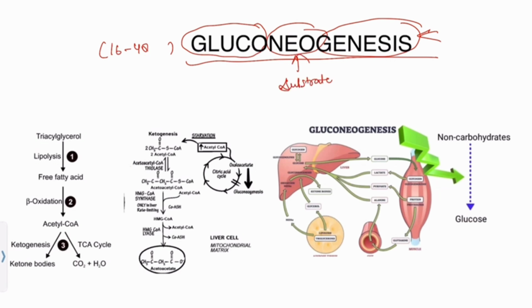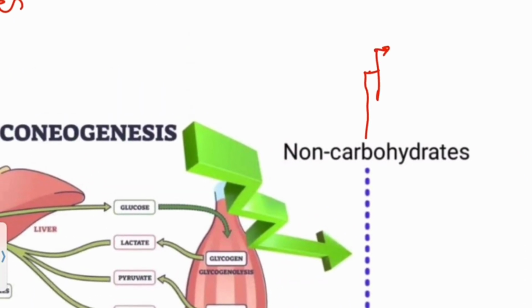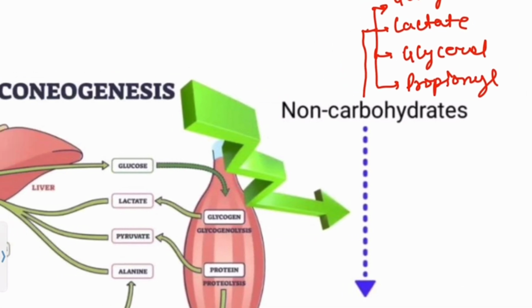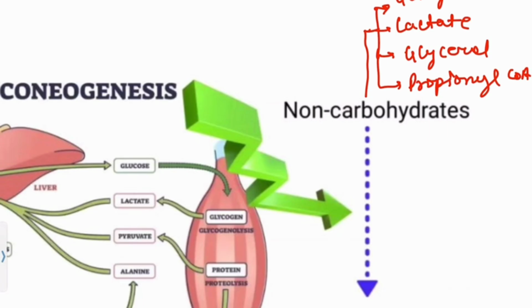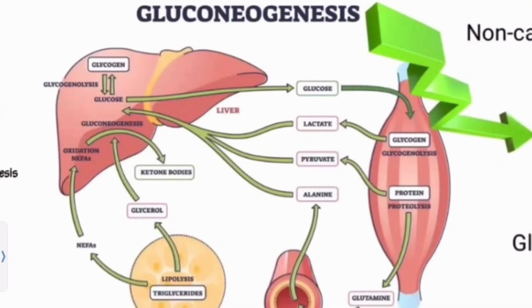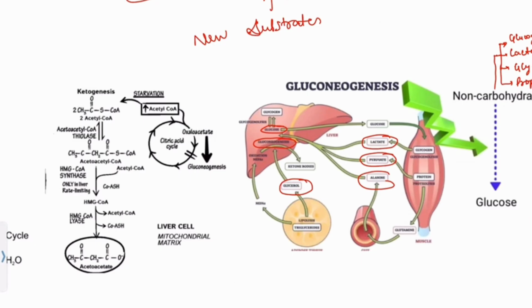So these new substrates are non-carbohydrate substrates like glucogenic amino acids, lactate, glycerol, also propionyl coenzyme A. So these are the non-carbohydrate sources, lactate, pyruvate, alanine, glycerol, and they all undergo gluconeogenesis inside liver to form glucose. So this was all about gluconeogenesis.